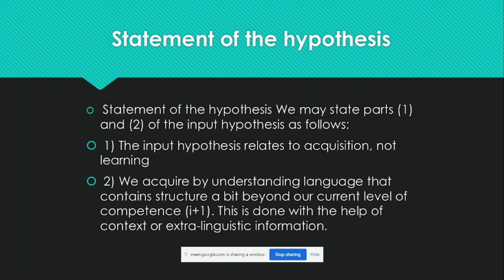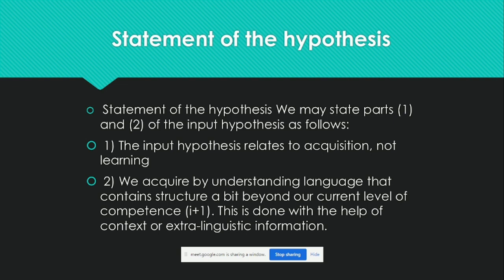Statement of the hypothesis. We may state parts 1 and 2 of the input hypothesis as follows. Number 1, the input hypothesis relates to acquisition, not learning. Number 2, we acquire by understanding language that contains structure a bit beyond our current level of competence, input plus 1.